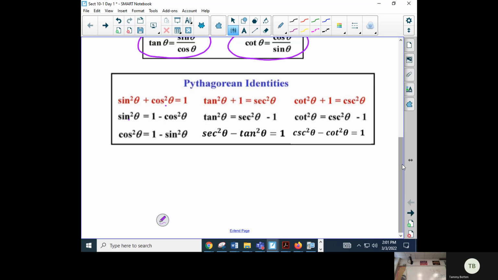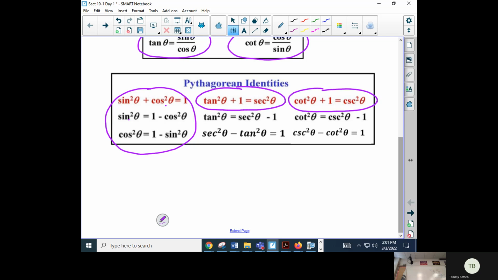These three, I'm guessing by the time you take your test next Wednesday, you'll know by heart. Then the main other identities are these two. Tangent squared plus 1 is secant squared. And then down here I solved this for tangent squared, and this one for secant squared.